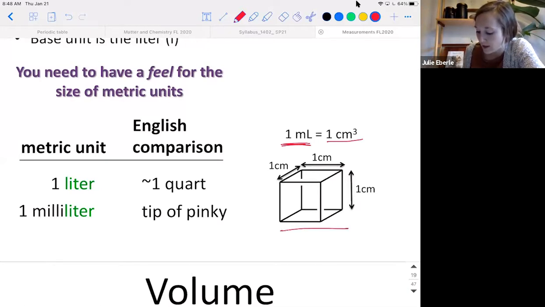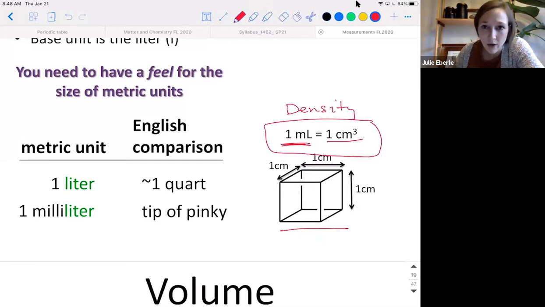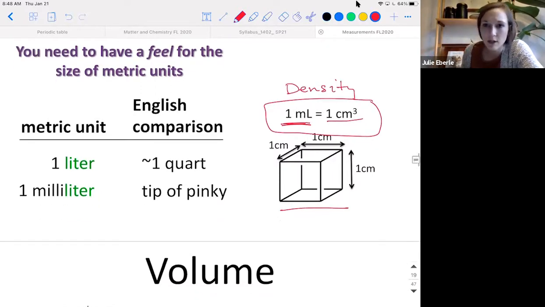I have a cube right here and it's measuring 1 centimeter on each side. So that is 1 cubic centimeter. And the volume of that cube is 1 milliliter, okay? So please know this. This is gonna be very important for density, okay? When we convey density of objects, we can say gram per milliliter, we can say gram per cubic centimeter. I'll talk more about density later, but please know this relationship because you might see it either way. Just know that they're equal.